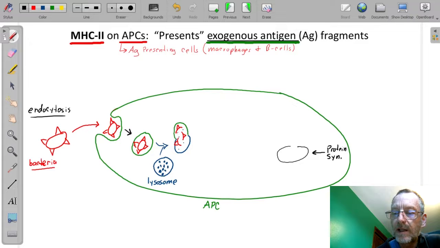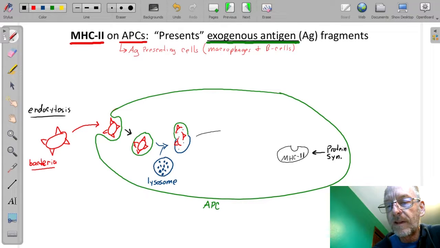And so here is our groove again. So this now is an MHC2 dealing with exogenous antigens.